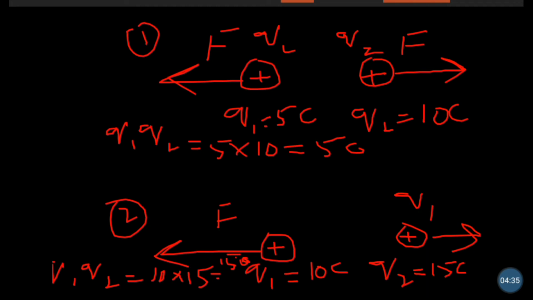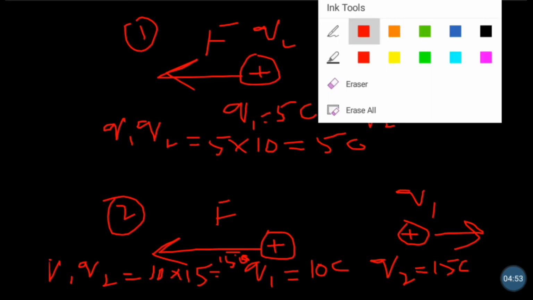Since in diagram number 2 the product of Q1 and Q2 is greater, the force in diagram number 2 is greater than in diagram number 1. So this is the first sentence of Coulomb's law.